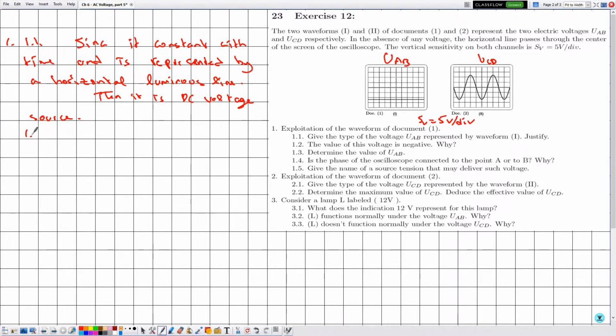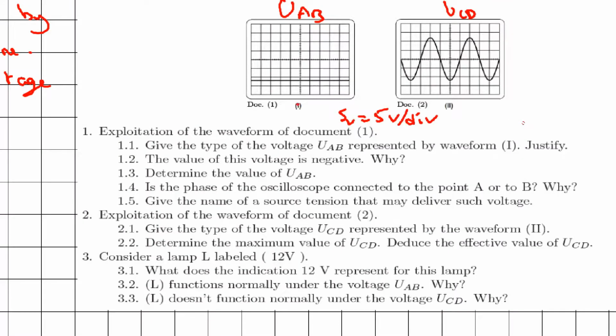Now in 1.2 they are telling us the value of this voltage is negative. Why? We know that the sign of the voltage is positive or negative depending on whether the luminous line is displaced upward or downward. Notice that in this case the luminous line is displaced downward.